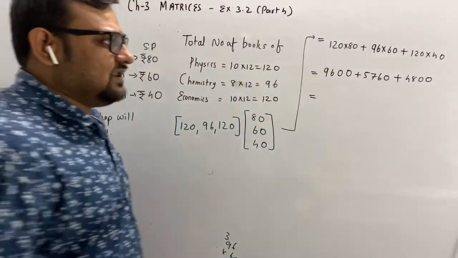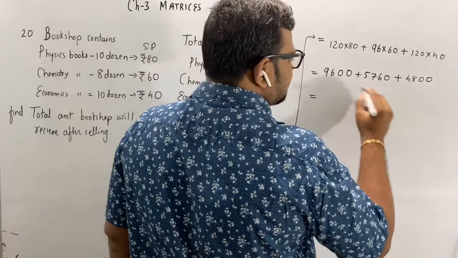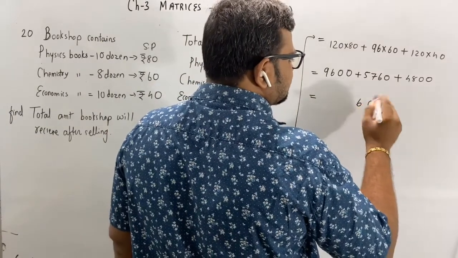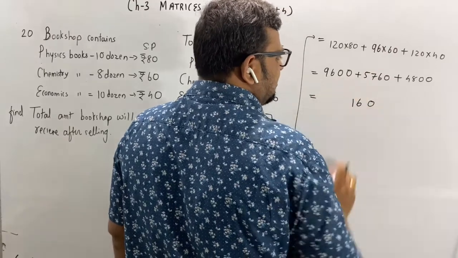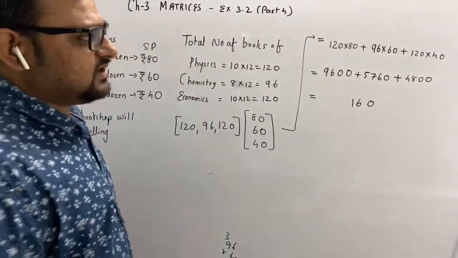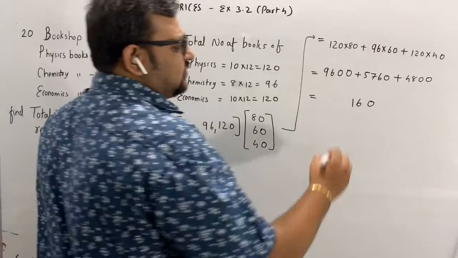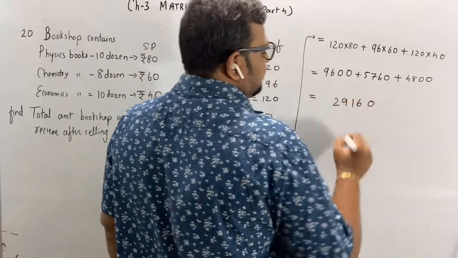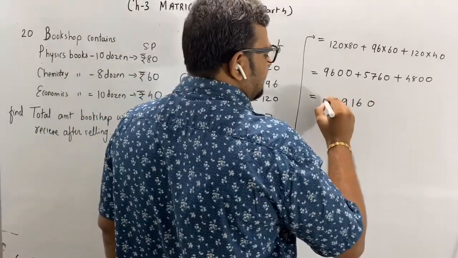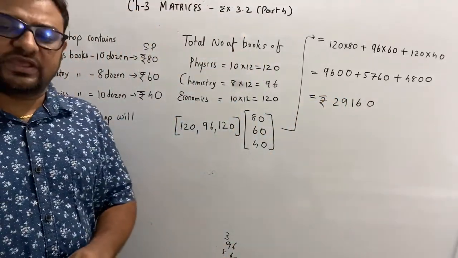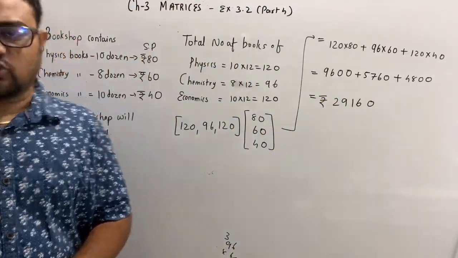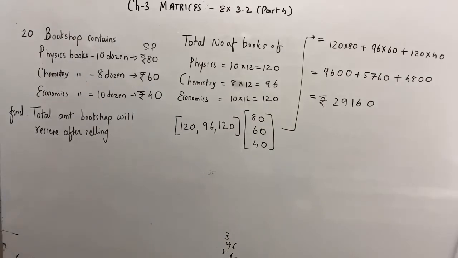Okay, so when I will add it, 0, 6, 8 plus 7, 15 plus 6, 21. Okay, 4 plus 5, 9, 9, 10, 29. 2960 rupees.